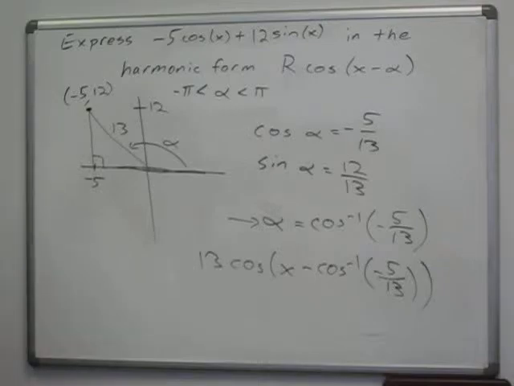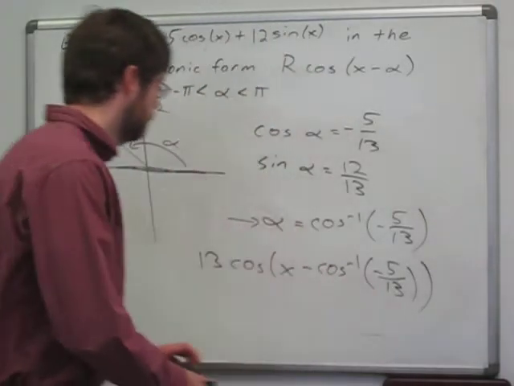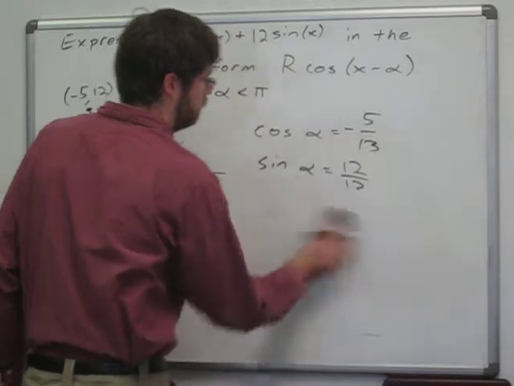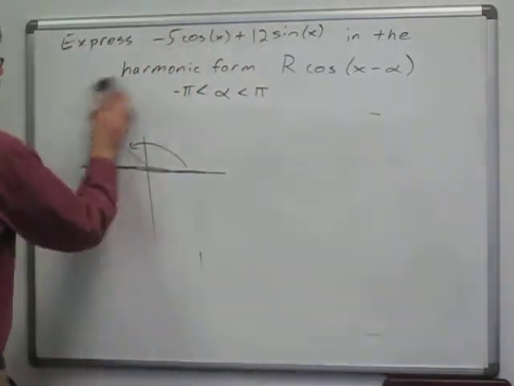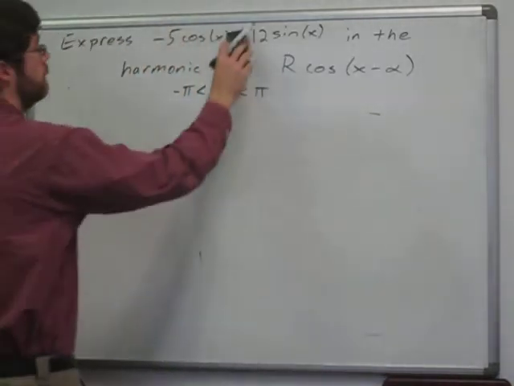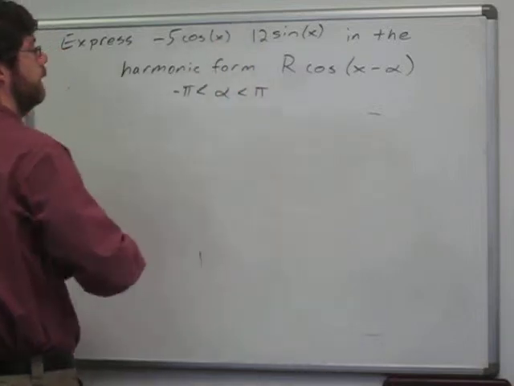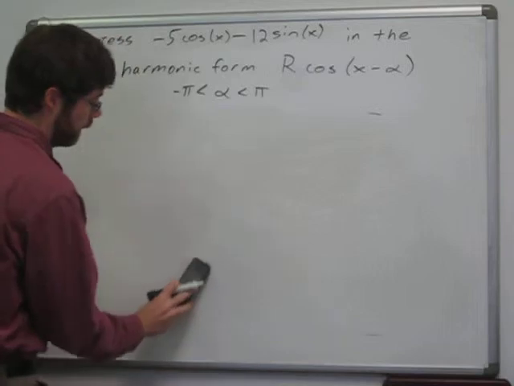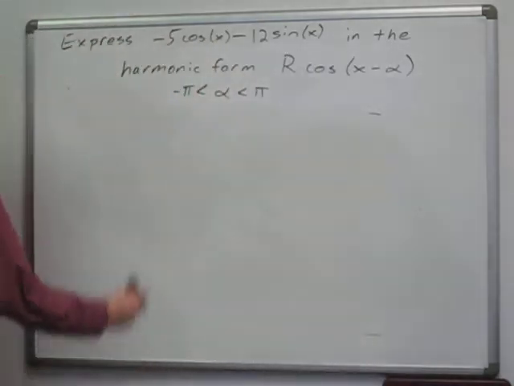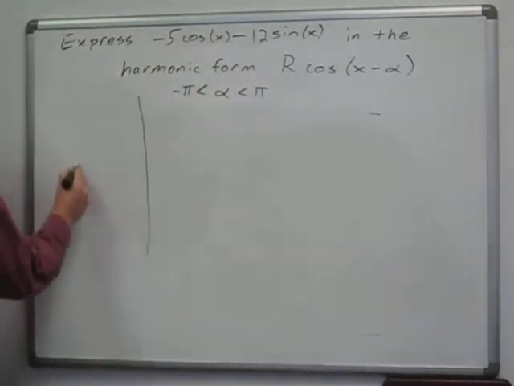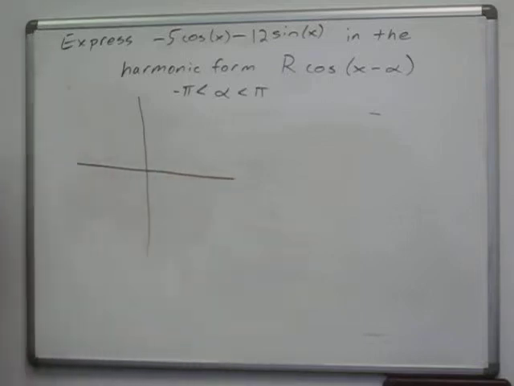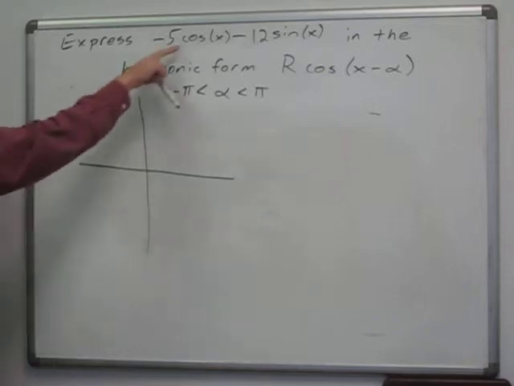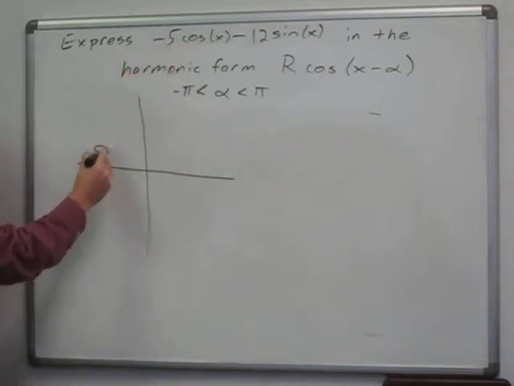Let's work one more, adjusting the problem slightly. Instead of a positive 12 sine x, what if we have negative 12 sine x? Well, this time, in the coordinate plane, the coefficient on cosine is negative 5.